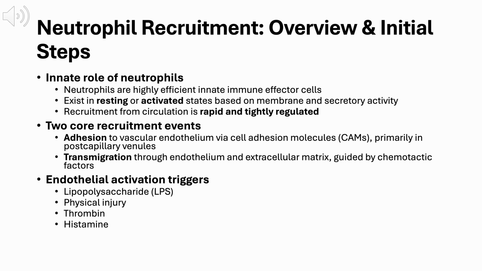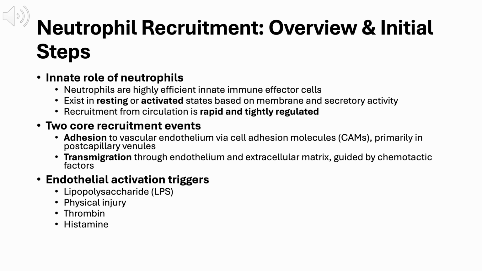Now that we have seen how tissue injury activates innate immunity, we can examine how neutrophils are recruited from the circulation. Neutrophils may exist in resting or activated states, and their movement into inflamed tissue is rapid but tightly regulated. Recruitment involves two major events. First, neutrophils adhere to activated vascular endothelium through cell adhesion molecules, particularly within postcapillary venules.